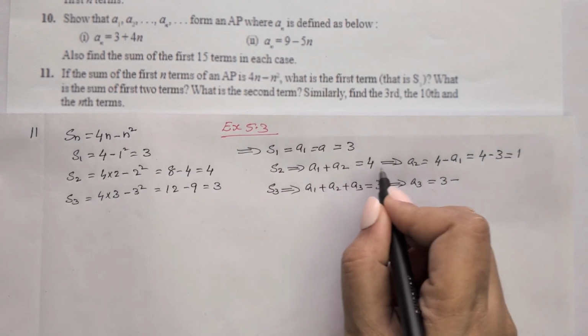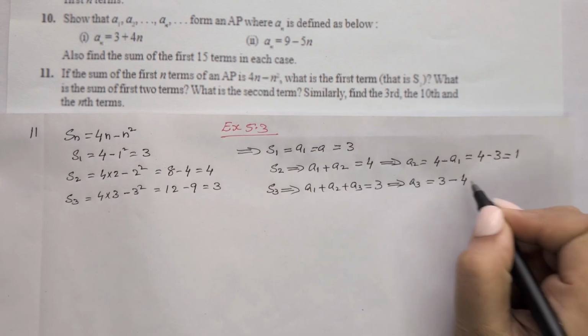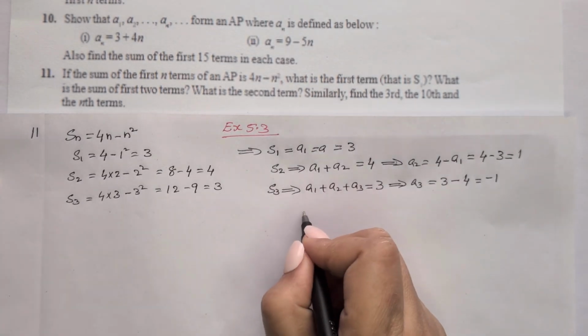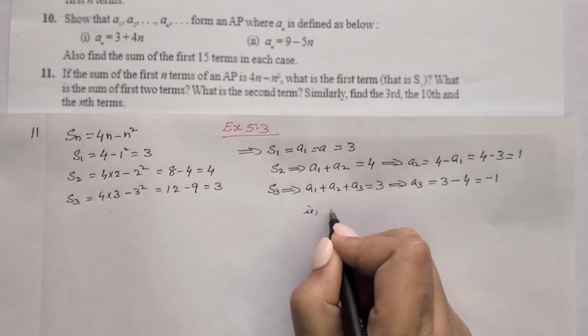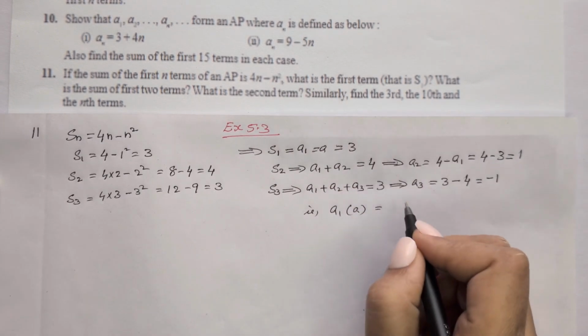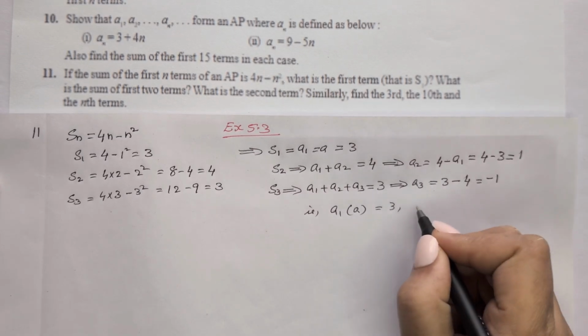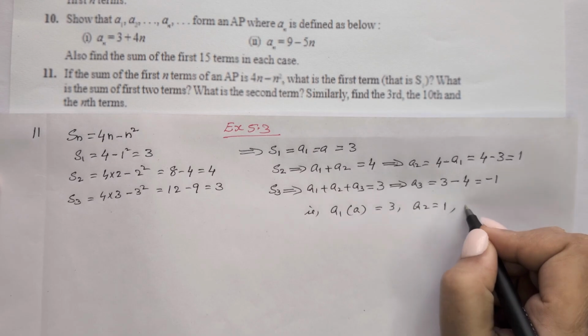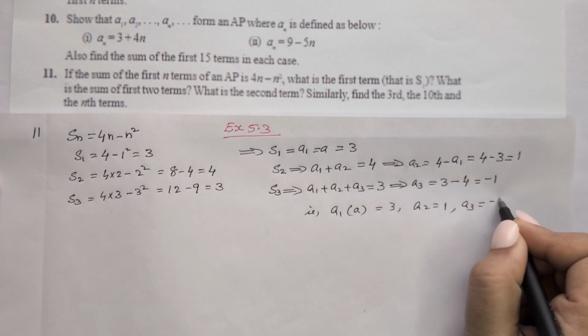A1 plus A2 means 4, so it is equal to minus 1. Now we got the first term A1 or A, which is equal to 3, then A2 is equal to 1, third term A3 is equal to minus 1.